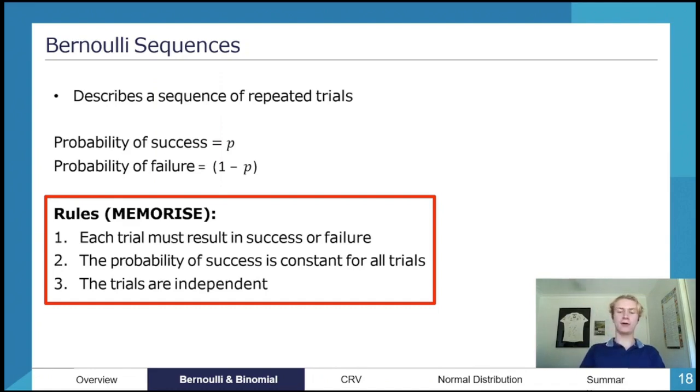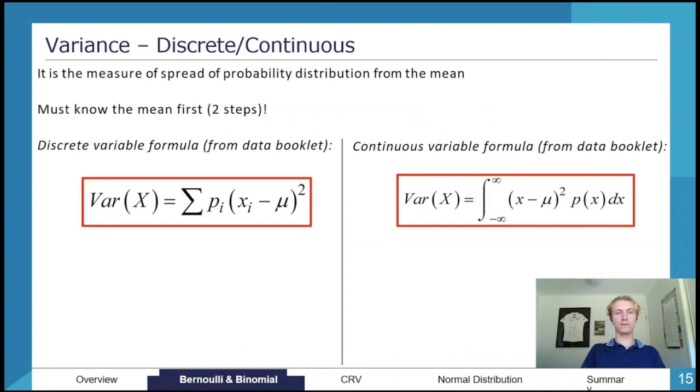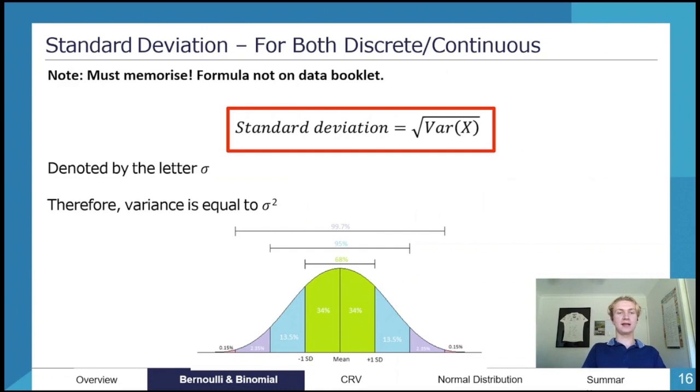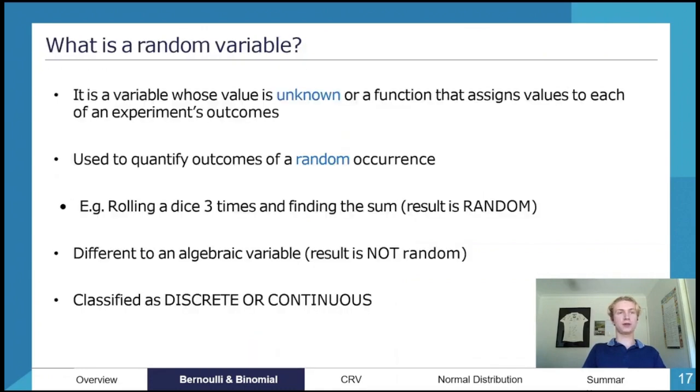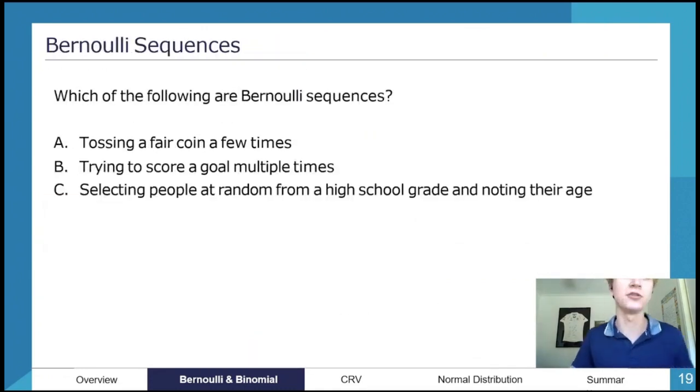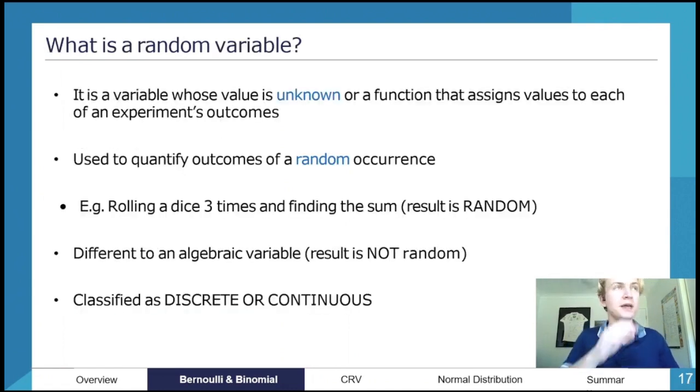So for continuous, we integrate between the two values, whereas for discrete, it's actually given already what the probability is going to be. Sometimes it'll give you the probability of yes is 0.5, what's the probability of no, and it'll also be 0.5, so 1 minus that. But usually it's kind of like what you did in year 10, common sense as opposed to having to plug in values as it is for your continuous variables.